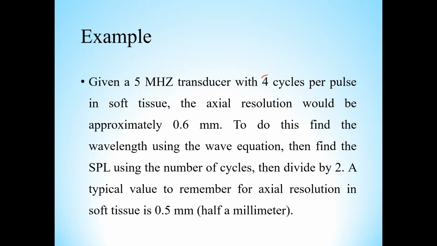There are 4 cycles in each pulse. So if we know the wavelength of every cycle, then we can easily calculate the SPL, because we know SPL is equal to wavelength times number of cycles. Remember?